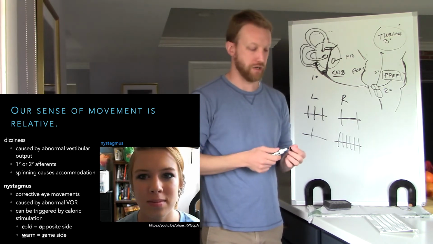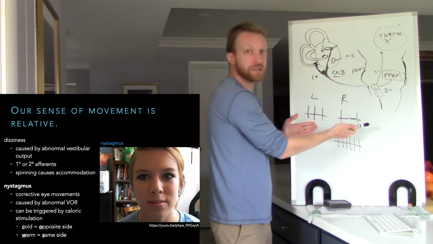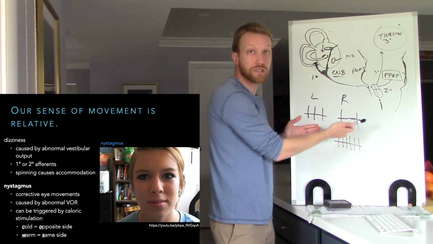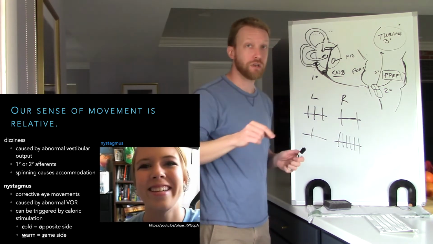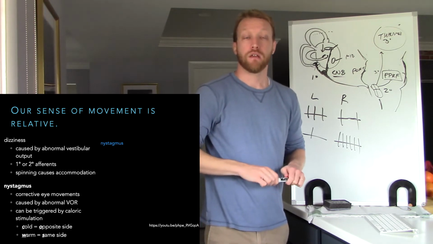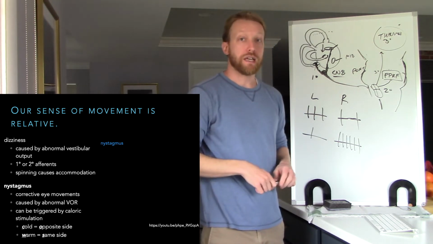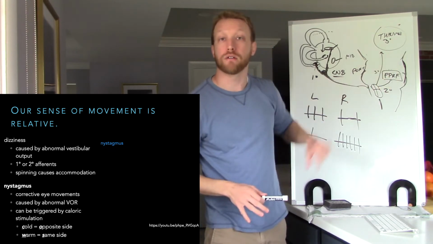I prefer just spinning. So by tiring out your vestibular nuclei, you get that imbalance, and you get the sense of movement even though it's not there. This young lady is getting that sense of movement because she has damage to one side of her vestibular system there. That's what's going to create nystagmus, and nystagmus is just correcting an improper vestibulo-ocular reflex.